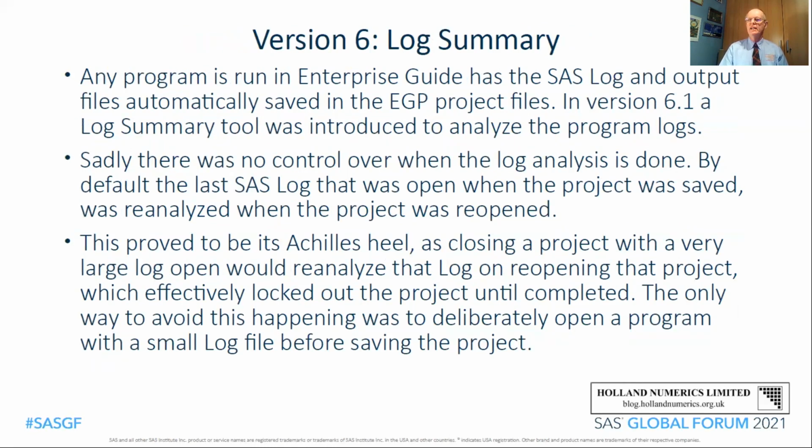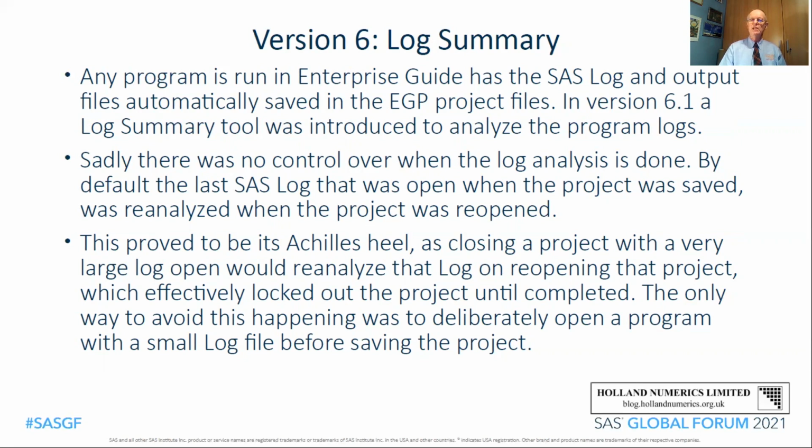Every program in Enterprise Guide creates a log and an output, and these files were automatically saved in Enterprise Guide project files. In 6.1, a log summary tool was introduced to analyze the logs. It was a wonderful program. However, it had a big problem, or rather it had a problem with big files. There was no control over when the analysis was done.